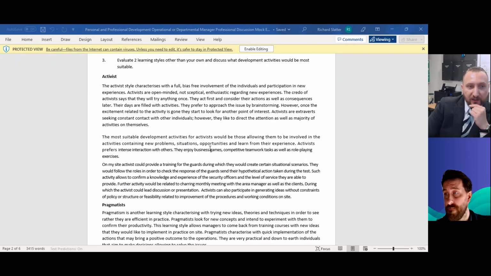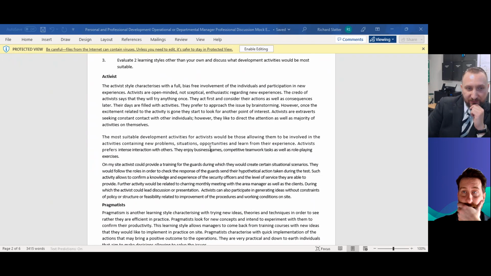I will start from the activist. The activist style is characterized by full, bias-free involvement of the individuals and participation in new experiences. Activists are open-minded, not skeptical, enthusiastic regarding new experiences.